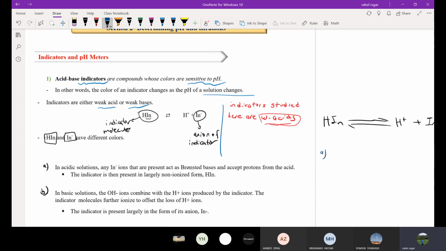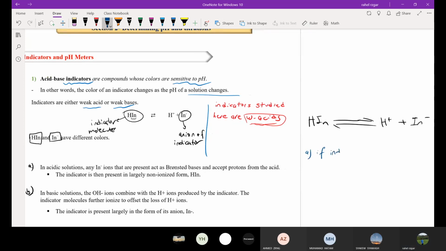In A, if an indicator is added to acid, acid has a lot of what? A lot of H.